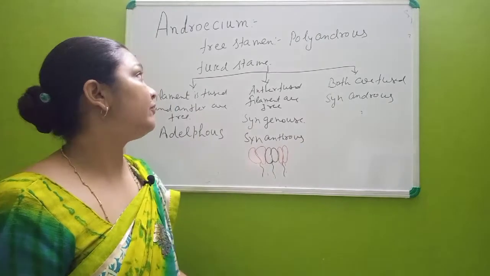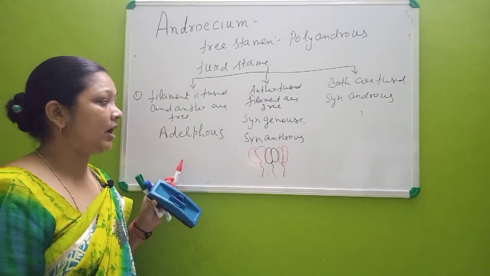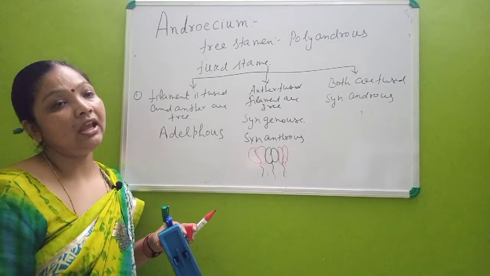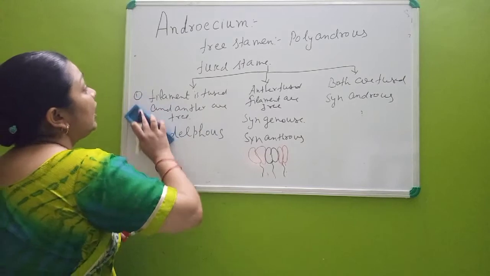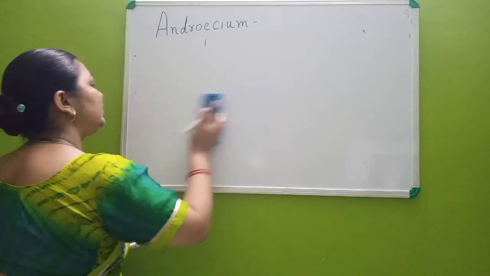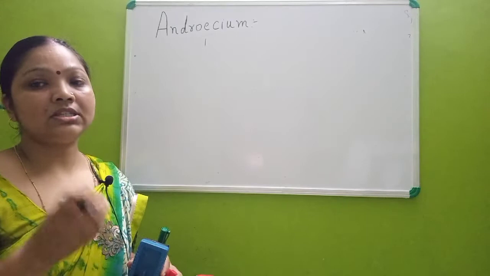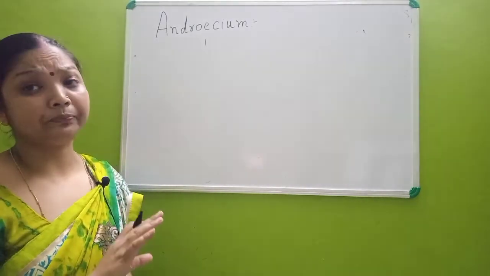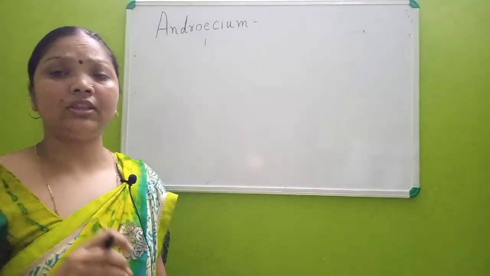So this is the division of fused stamens, that is Adelphous condition, then we have synandrous condition and synanthrous condition. Now the next thing that we have to study: if the stamen is going to attach to any other floral whorl. Commonly the stamen is attached to the thalamus, as I told you in the introduction video of the flower.